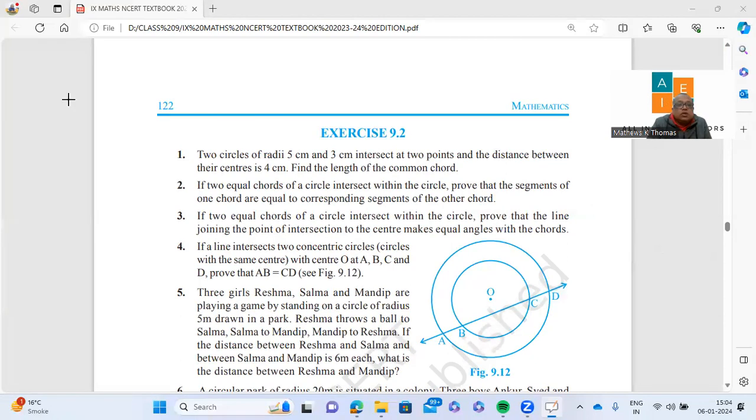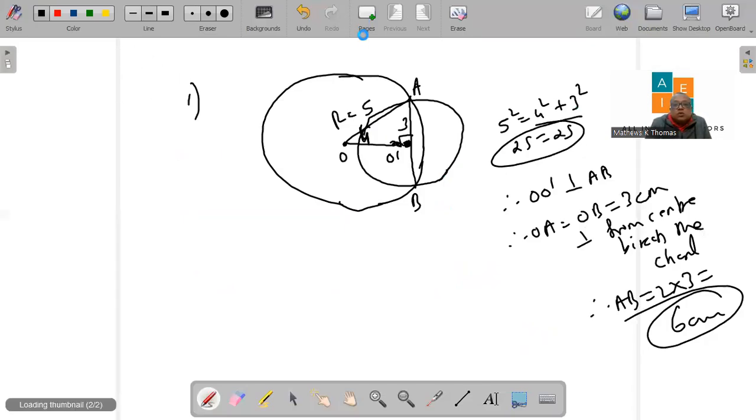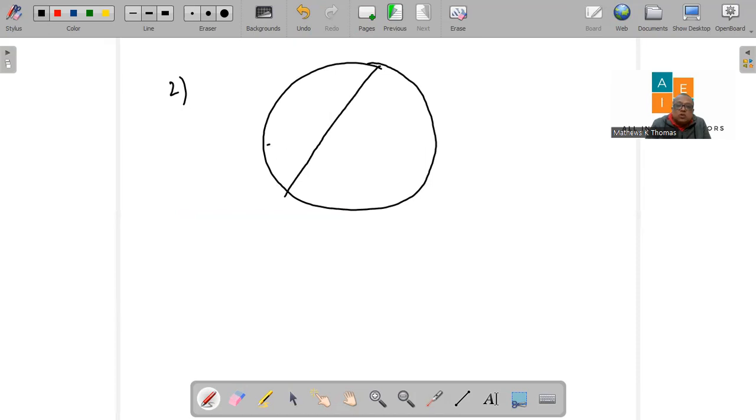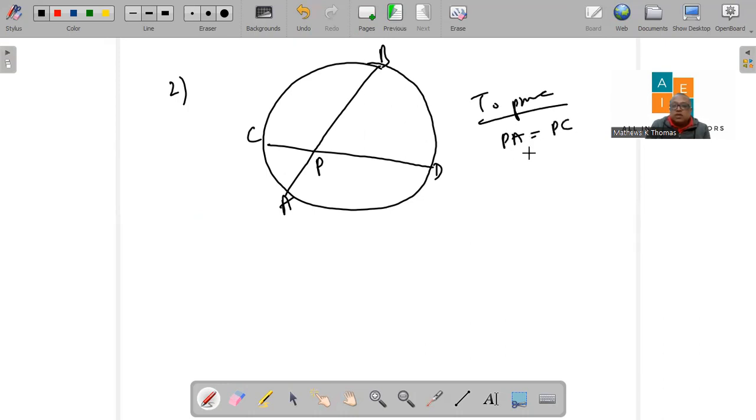So let me redraw this nicely for you. Question number 2. We have two equal chords intersecting each other at a point, and we have to prove that the segments PA, PC and PB, PD are equal to each other, right?